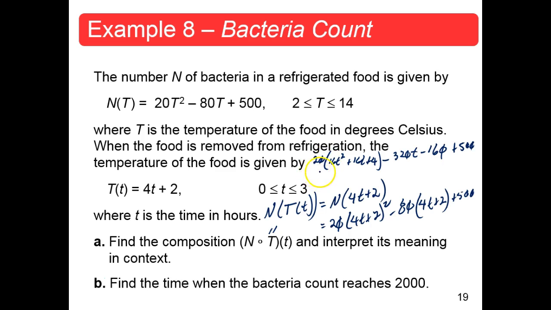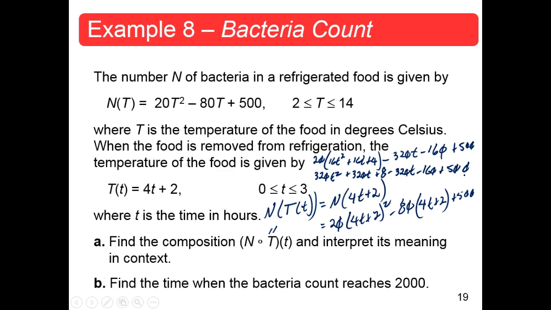What does that give us? 320t squared plus 320t plus 80 minus 320t minus 160 plus 500.